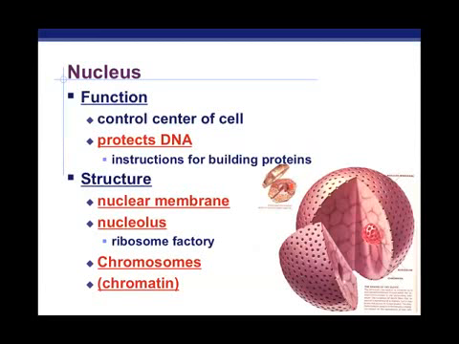And then you have chromosomes and chromatin. The difference between them is they are the same thing, but chromatin is what chromosomes are called in the phase of cell development prior to when they go through mitosis.